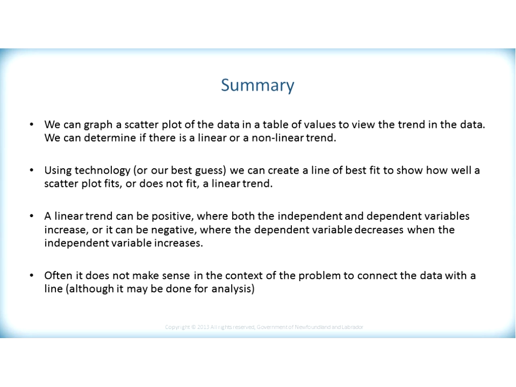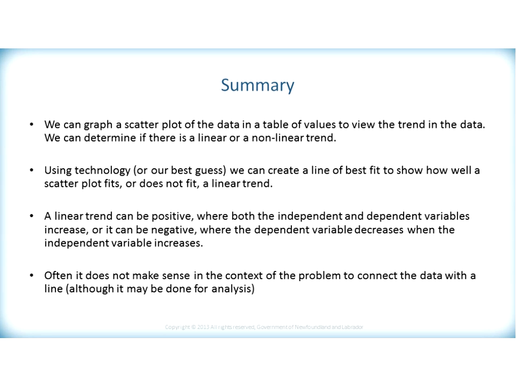So to summarize, we can graph a scatter plot of the data in a table of values to view the trend in the data. And we can determine if the trend is linear or nonlinear, or if there is no trend at all as well. Using technology, or our best guess if we're doing this by hand, we can create a line of best fit to show how well a scatter plot fits or does not fit a linear trend.